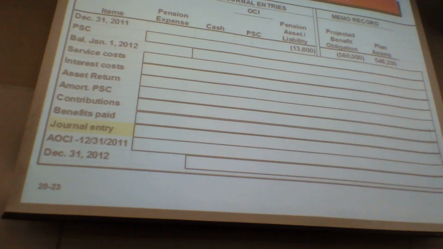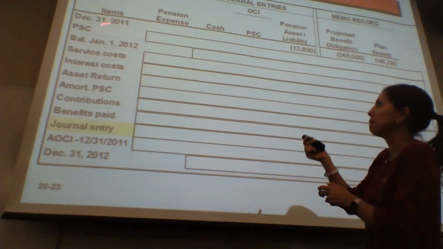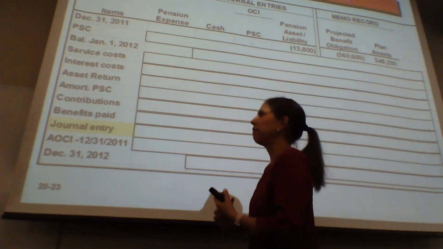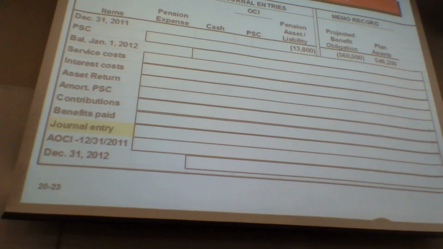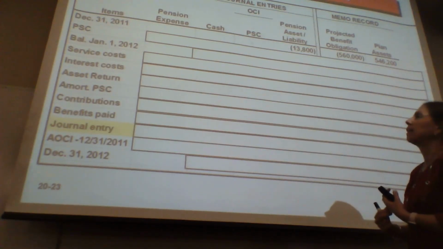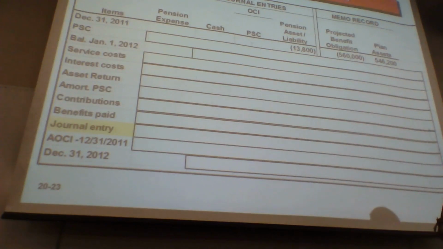Well, no, this is the actual time that they made the plan amendment on January 1st, 2012. So we're going to first do the journal entry, or show in the pension worksheet what accounts are affected by this big plan amendment. OCI is one of them, right? Remember now there's two sides. So are we going to debit or are we going to credit OCI?